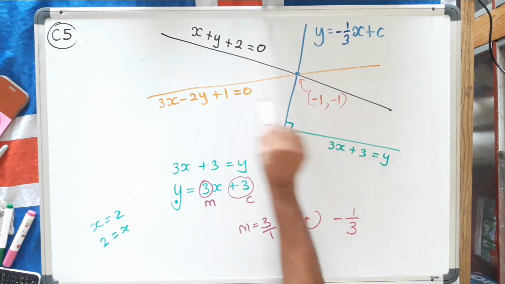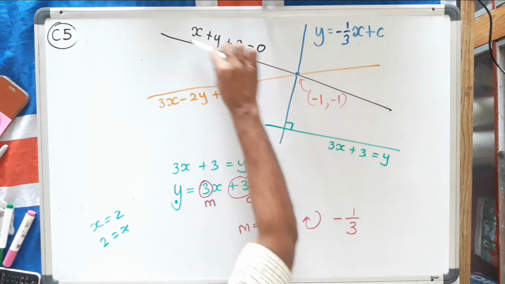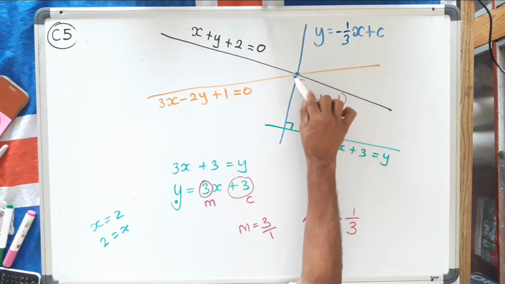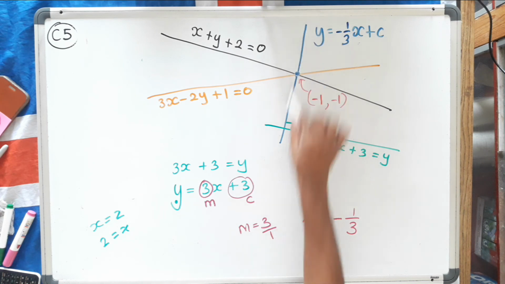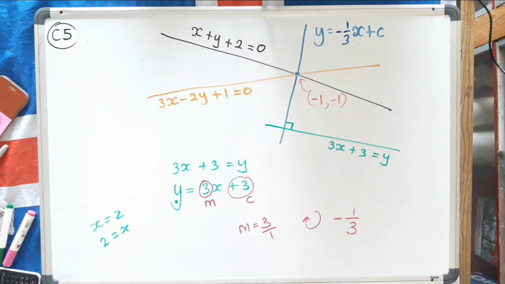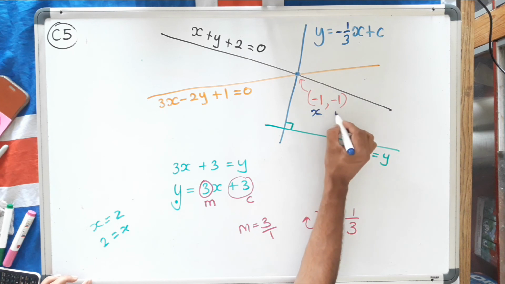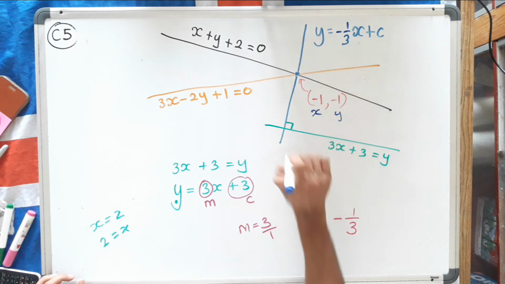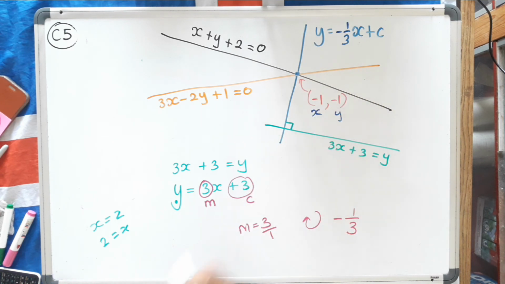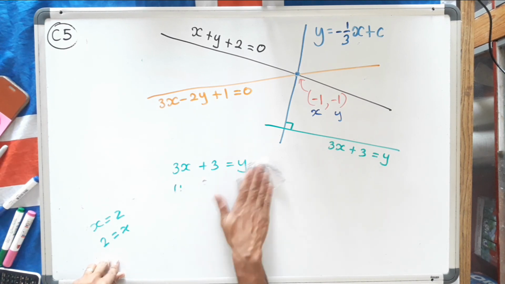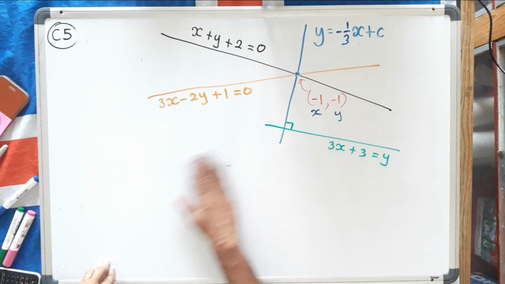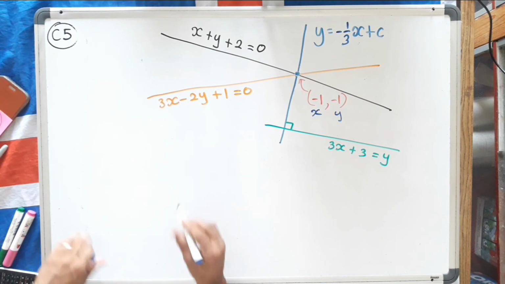Minus 1, minus 1 is on the orange line and the black line, because that's where both of them meet. But it's also on the blue line. So we have a point to substitute in. Replace y with minus 1 and replace x with minus 1. And we will solve for c, and that will be the end of our final challenge question.